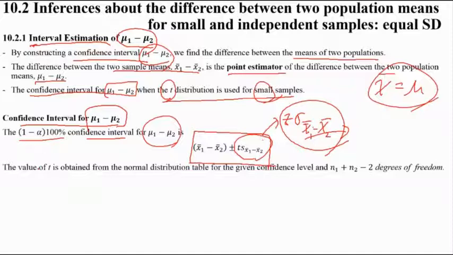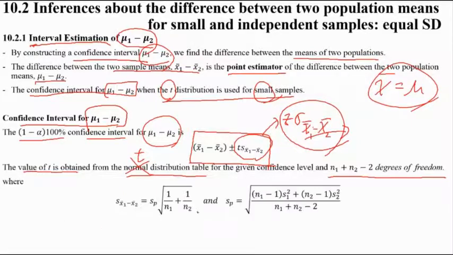We have here the value t. How can we obtain it? From the t distribution table. Sorry, not the normal distribution table, the t table, given the confidence level and the degrees of freedom. Remember I mentioned before.